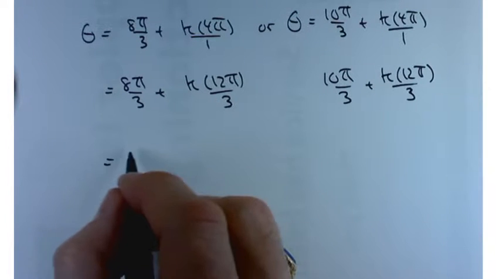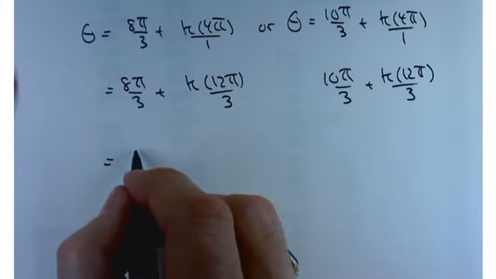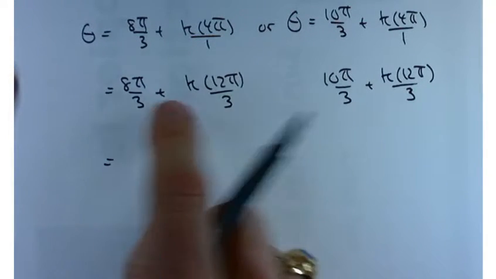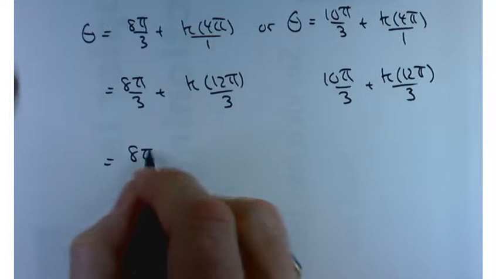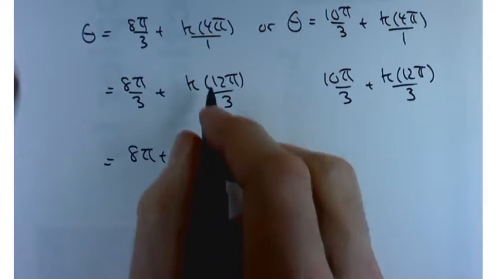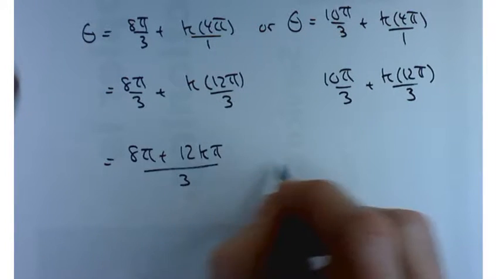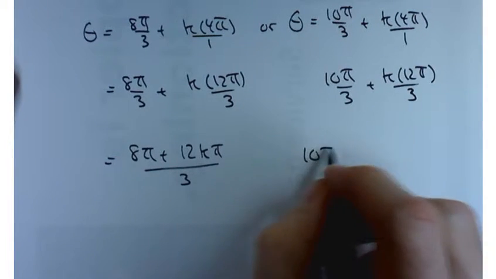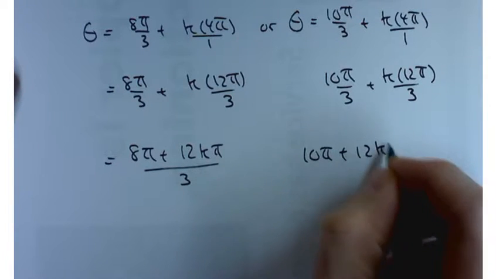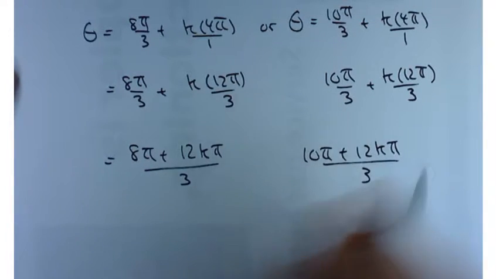And bringing these together with a common denominator is just going to make my life a little bit easier. So all together, I'll get 8 pi plus 12 times k times pi over 3, and 10 pi plus 12 times k times pi over 3.